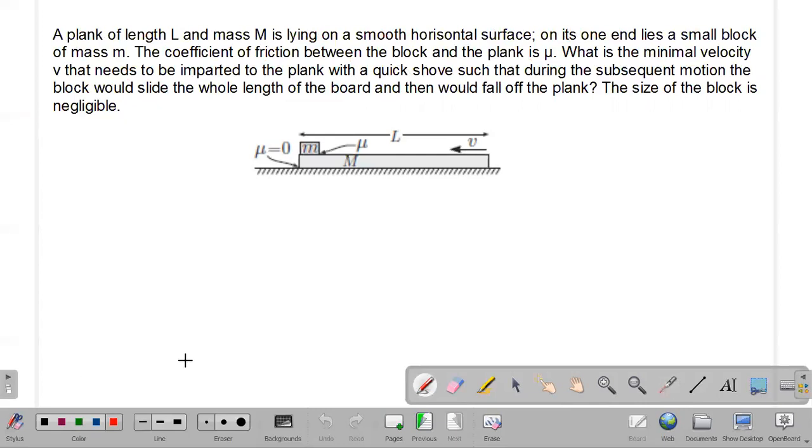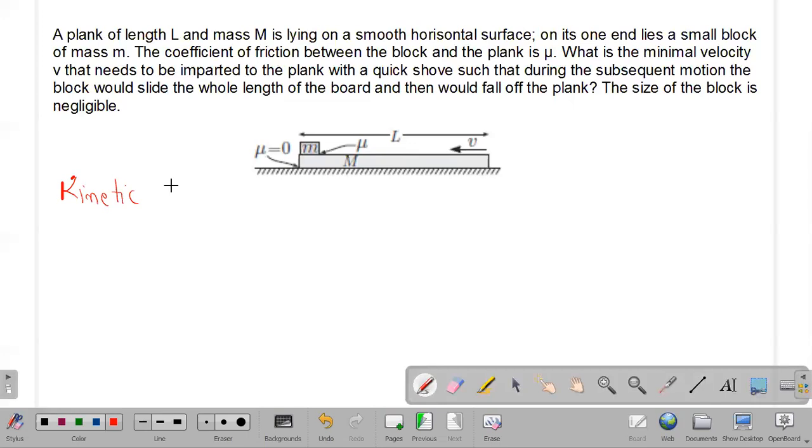So we'll now solve this question. When this plank is given a velocity v, there will be a friction force appearing between the two masses. Since the plank is moving to the left relative to the mass small m, and we all know that the fundamental point is that the kinetic friction force is always opposing the relative motion.